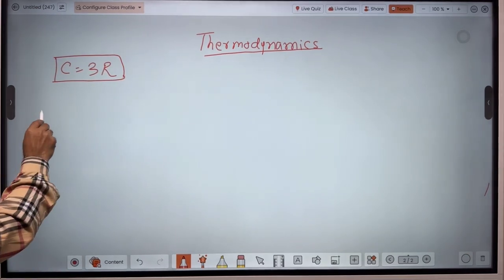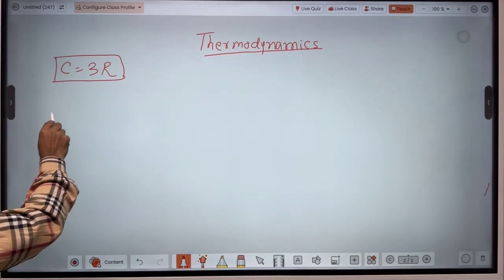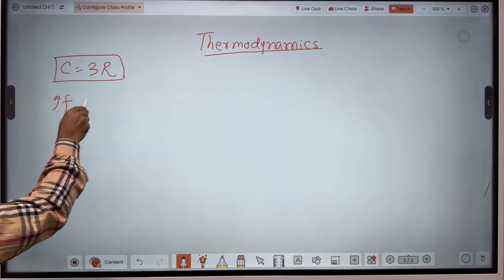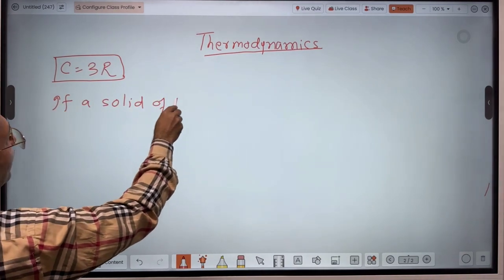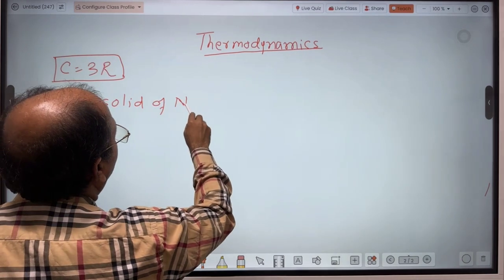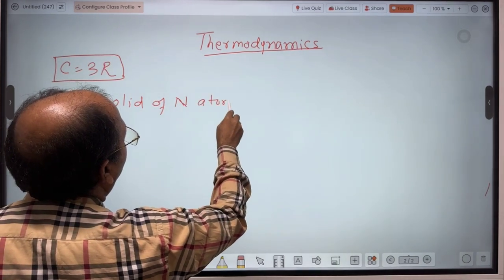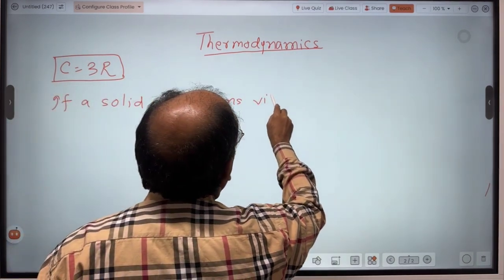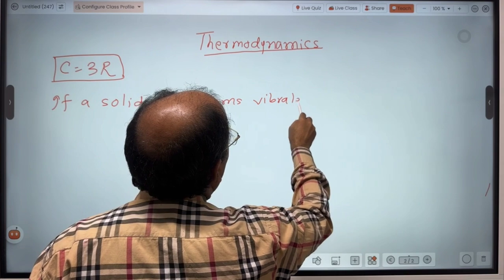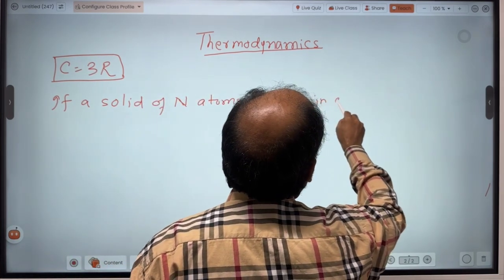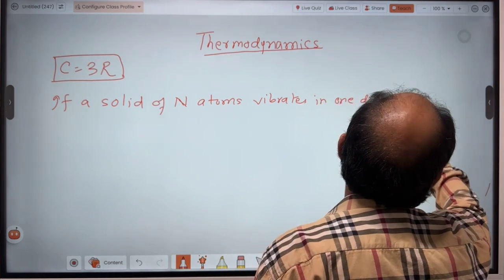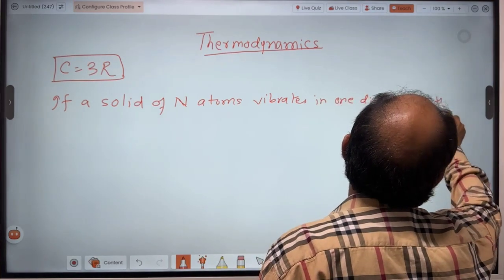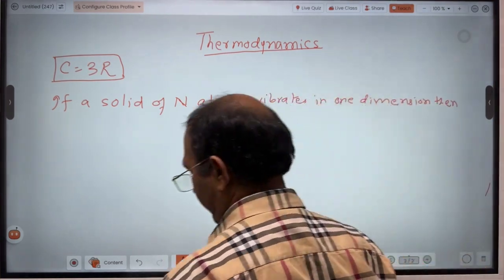So we are considering if a solid of capital N atoms vibrates in one dimension, then what happens?